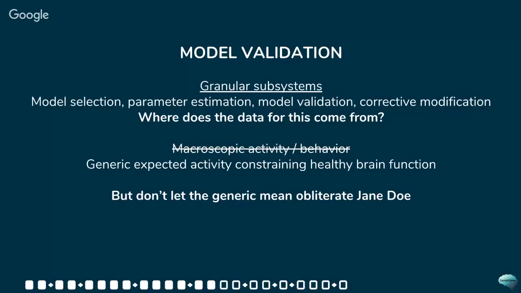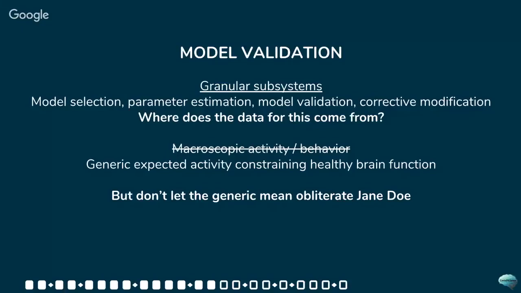If we need dynamic activity data, then behavioral data at the whole system level, or macroscopic fMRI or something like that, what you would apply to a living human, probably won't do. Dynamic activity data generic to all human brains may be useful, but will that be enough to guide validation and correction toward the particulars of how some granular subsystem was tuned in Jane Doe's brain?